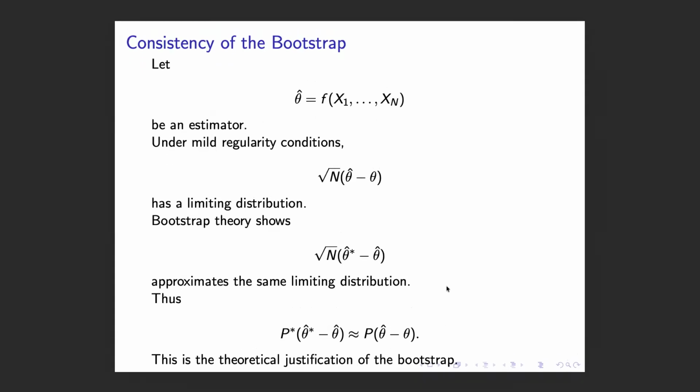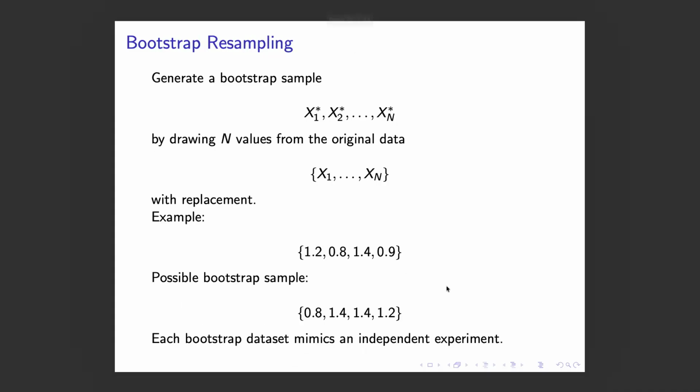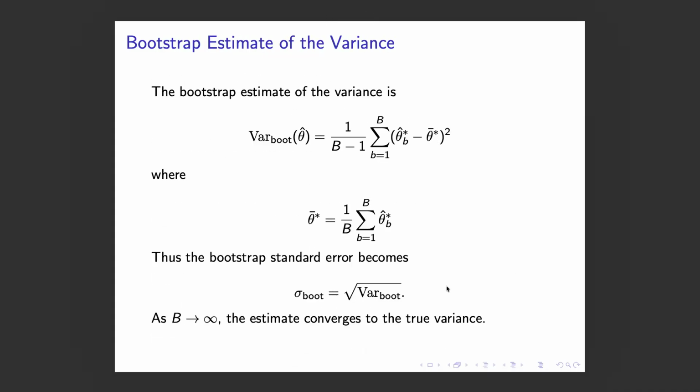This is something which we are not going to prove, we are just stating that if you go more in depth, you can show mathematically that you are approaching the same limiting distribution. And that's the kind of theoretical justification for the bootstrap. When Efron presented it the first time, he just presented it in terms of the algorithm here, without a more rigorous proof. And then the proof came later.